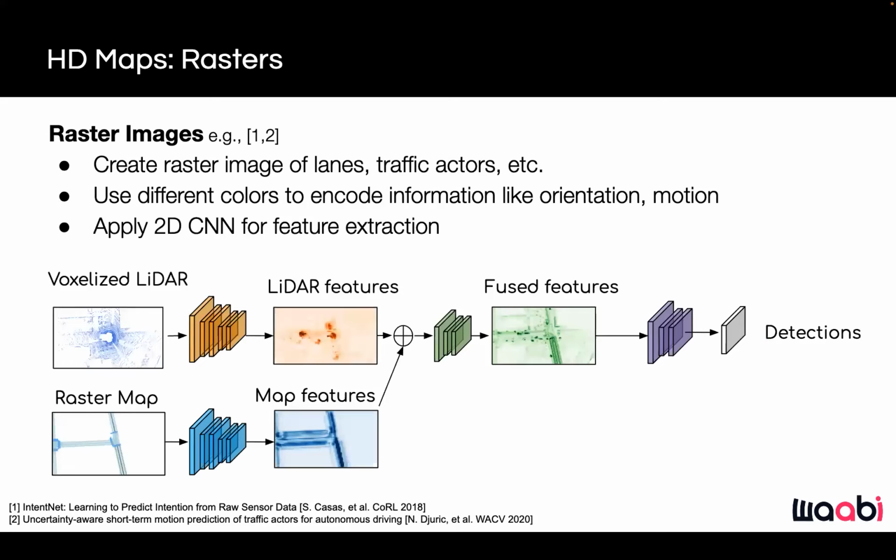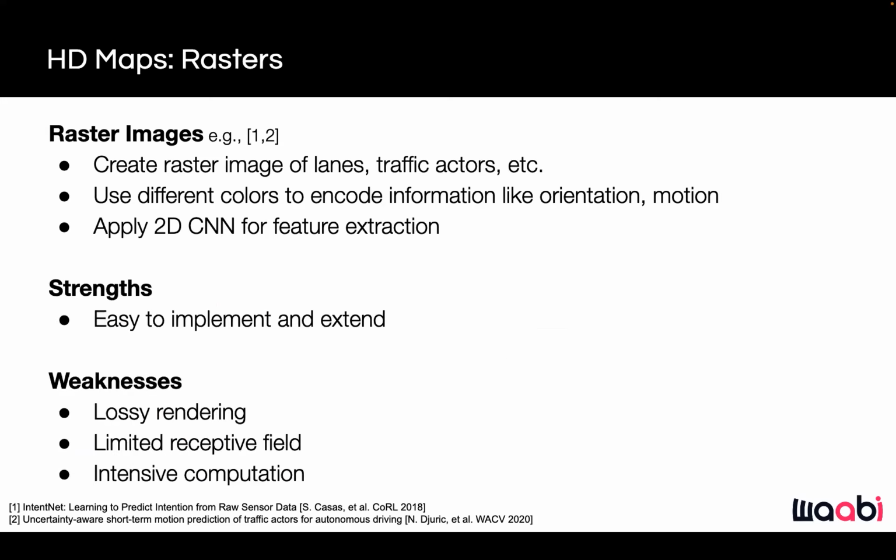We can use a 2D CNN to learn map-specific features, which are then fused with sensor feature maps for more accurate detection. The raster representation of HD map is easy to implement and extend. However, it suffers from lossy rendering, limited receptive field, and intensive computation.